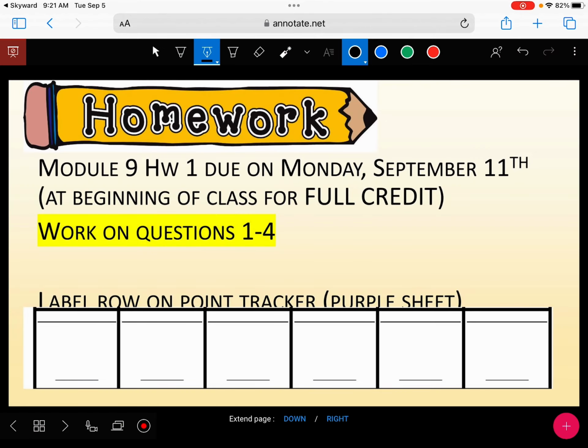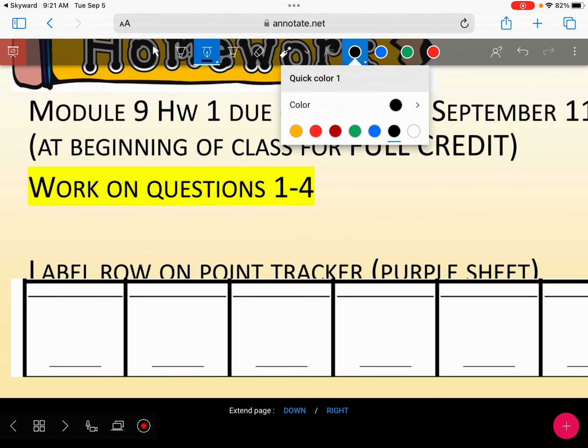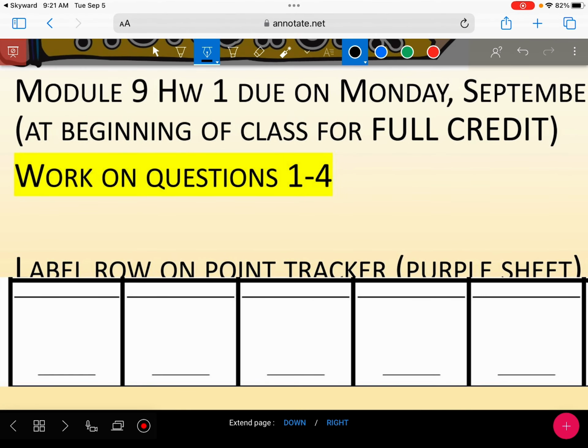For Module 9, there are 6 homeworks. So go across the top and write M9 homework 1, and then M9 homework 2. We're going to the second line. The second line is Module 9 homework, and then M9 homework 3.